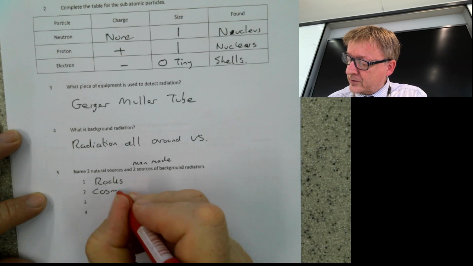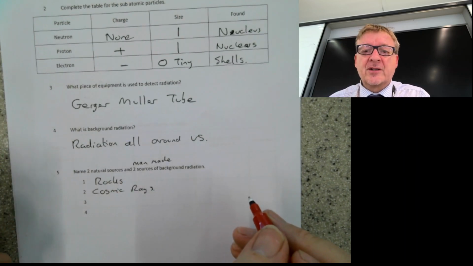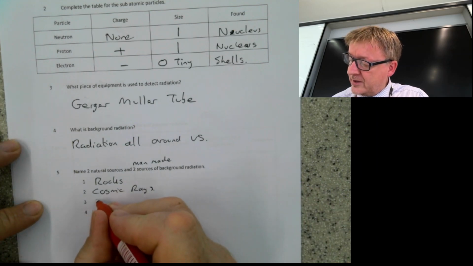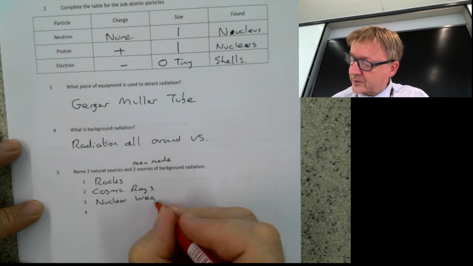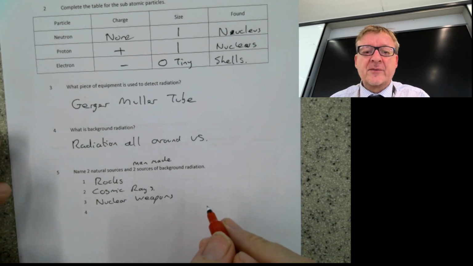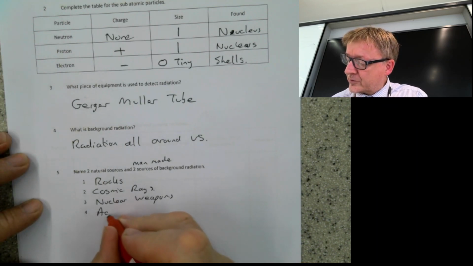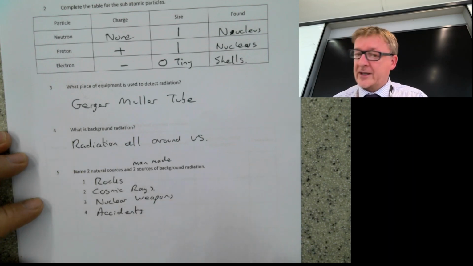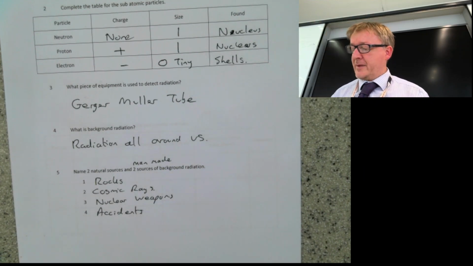And you've also got cosmic rays, coming from outer space, coming from the sun. 2 man-made ones are nuclear weapons testing. Wherever they've been tested, there's going to be considerably more background radiation. And you could also have nuclear accidents like Chernobyl, right? They're possible ones of man-made background radiation.